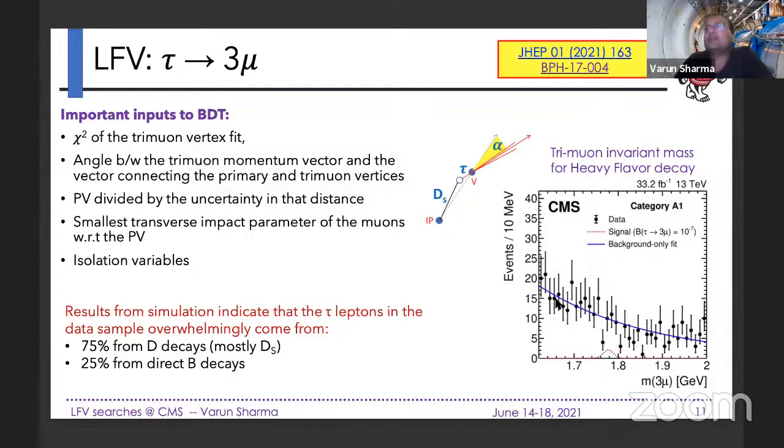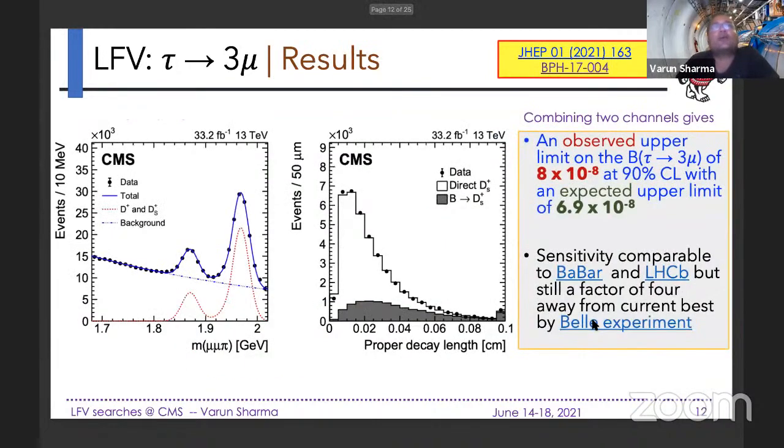On the right-hand side, you can see the invariant mass distribution of the 3 muons for one of the categories. As I mentioned, we have about 6 categories. Here, for just one category, you can see the data, fitted with the background-only fit. This background-only fit is extracted from the Ds decay.